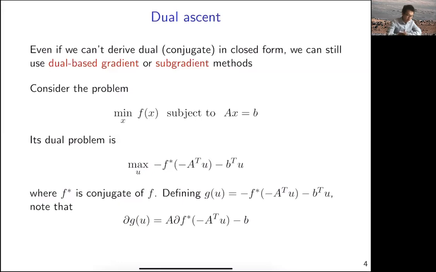So let's start by talking about the algorithm dual ascent. Like in the dual correspondence lecture, we talked about a lot of examples where it is useful to derive the Lagrange dual optimization problem or the Fenchel dual optimization problem, and then solve the dual instead of solving the primal.